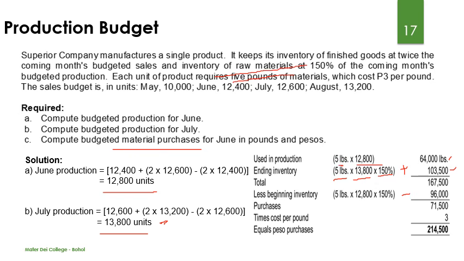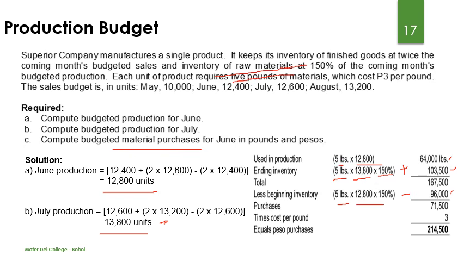So that's the June budgeted production. Okay, so that would be 12,800. So 12,800 times 150% times 5 pounds, you will get 96,000.